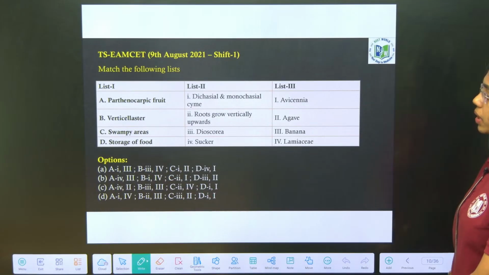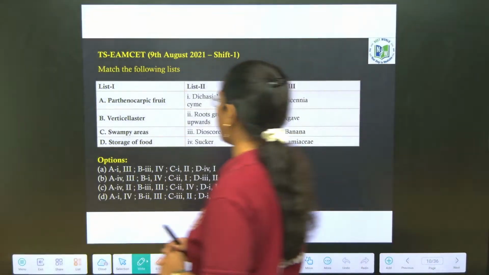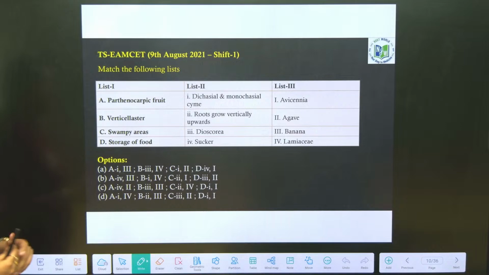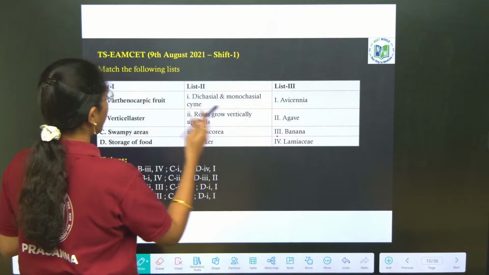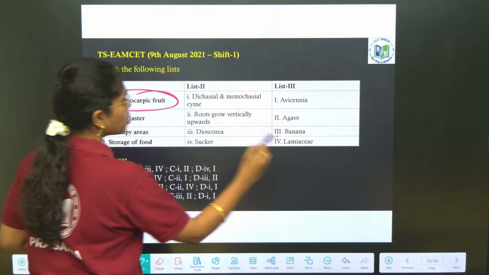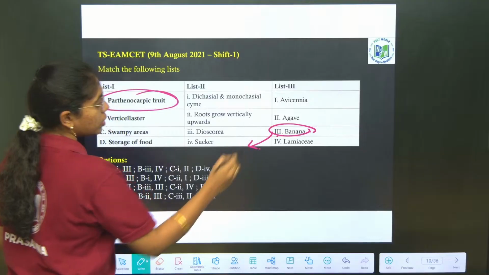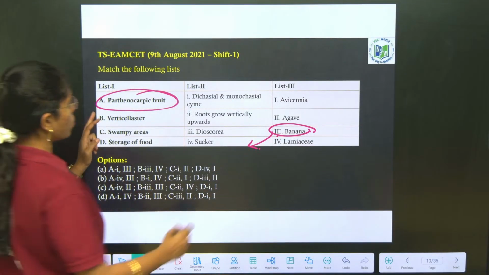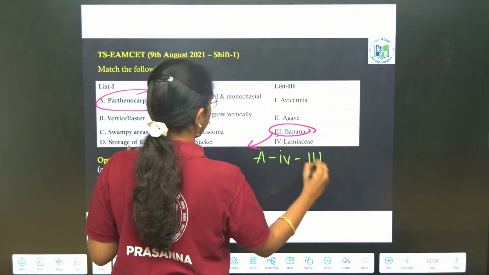Again, a multi-column based match the following type of question. First, you observe parthenocarpic fruits. Amongst these fruits, what is parthenocarpic? Banana, right? So, A is for banana, and this shows what type of stem modification, subaerial stem modification, that is sucker. So, A is 4 and 3, right?